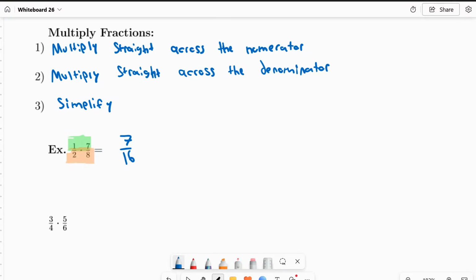Well, if you found a greatest common factor between 7 and 16, you will notice that is 1, so you cannot simplify this fraction at all. Similarly, try the second example here on your own. We will go over it together in class. The second example here, you will be able to simplify it, so look out for that.